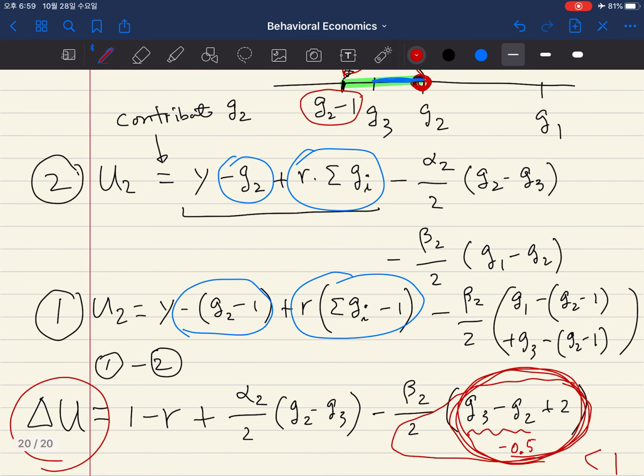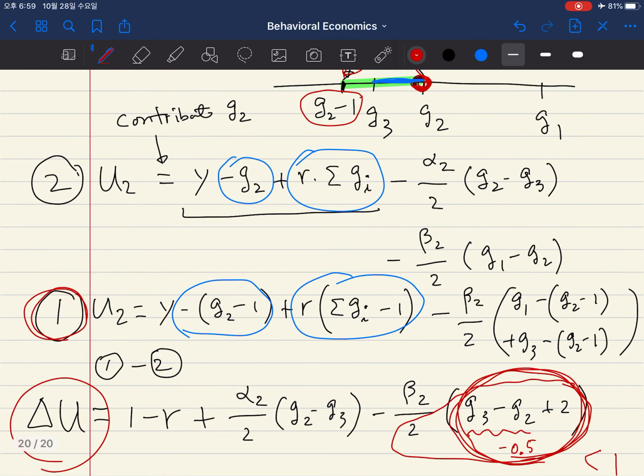So it means number 1 is bigger than number 2. Therefore, for this individual, lowering contribution to public good increases utility. Therefore, such an individual is willing to reduce contribution to public good. Therefore, he's going to free ride. So he's going to choose contribution G equal to 0.